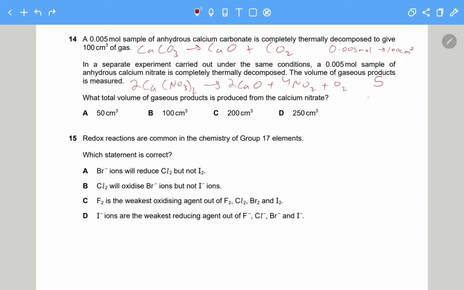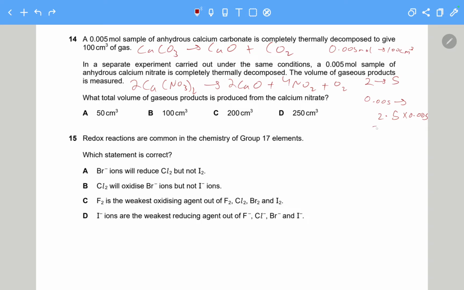So 2 moles gives 5 moles, which means 0.005 of calcium nitrate will give 2.5 times 0.005 because the ratio is 2:5.